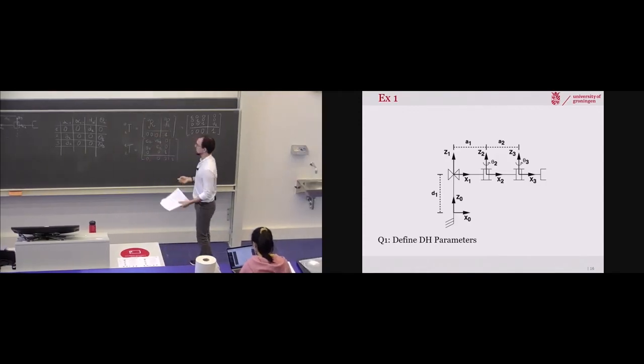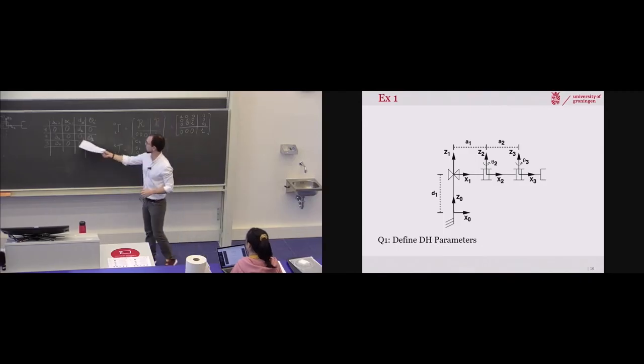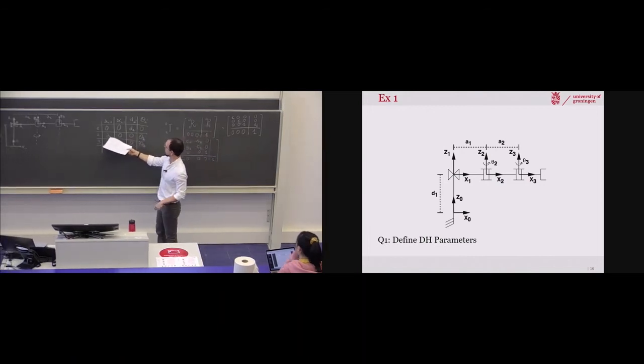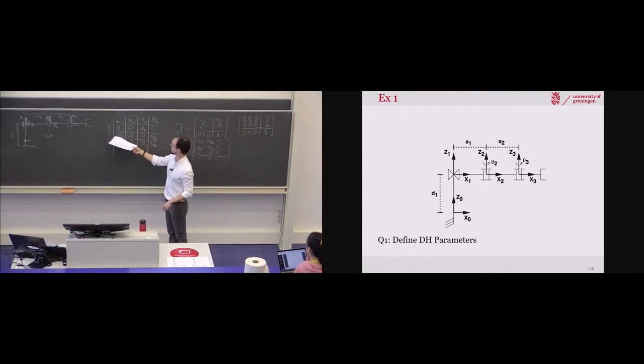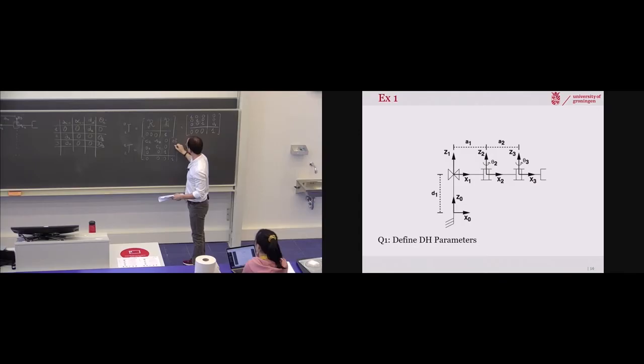And now the question is, is there any displacement between frame 1 and frame 2? Yes, there is, but it's not in this case along the Z frame, but it is actually along the X frame, as our nice table tells us. Therefore, the vector here would be a1, 0, and 0. Okay?